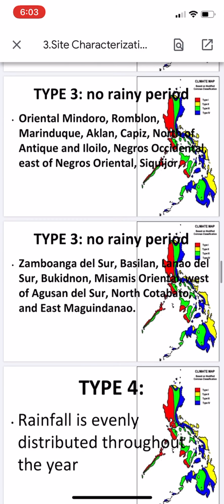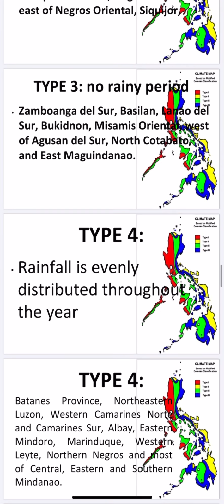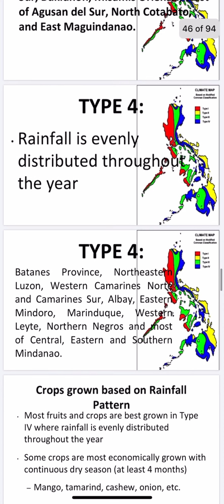So note that even in one place, there can be different types of climate. So also Zamboanga del Sur, Basilan, Lanao del Sur, Bukidnon, Misamis Oriental, west of Agusan del Sur, north Cotabato, and east Maguindanao.